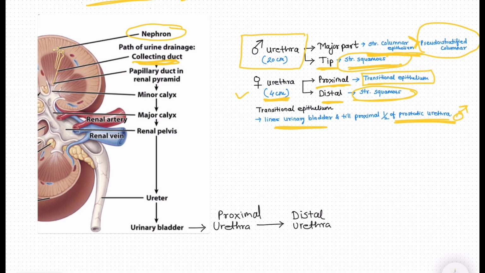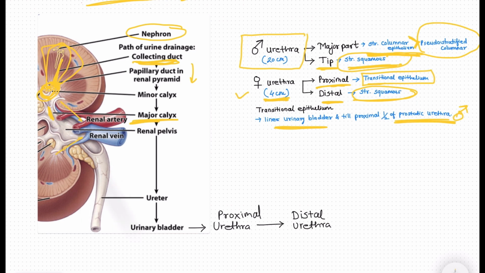Firstly, from the collecting duct, it will go to the papillary duct in the renal pyramid. So this is the renal pyramid, and the one structure we are considering here, there is a nephron, and then from the collecting duct, the urine will go to the papillary duct in the renal pyramid, then the minor calyx, these are minor calyx, and then to the major calyx, and then it will come to the renal pelvis.